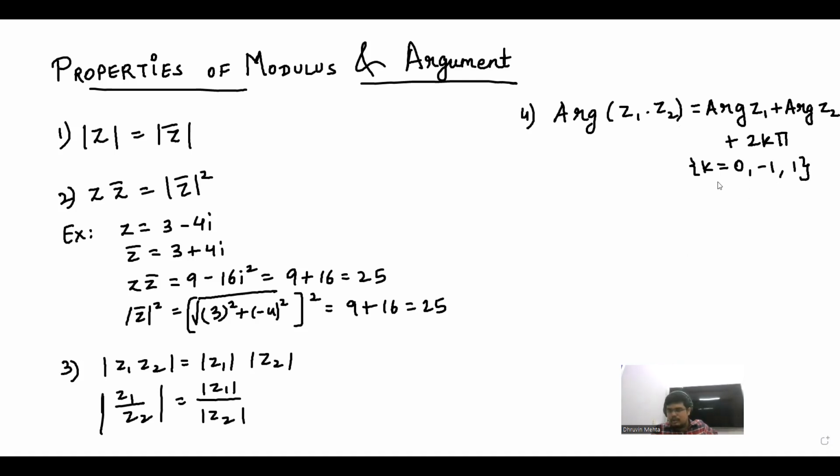So you have to take the value of k accordingly that it lies in the range of tan inverse.